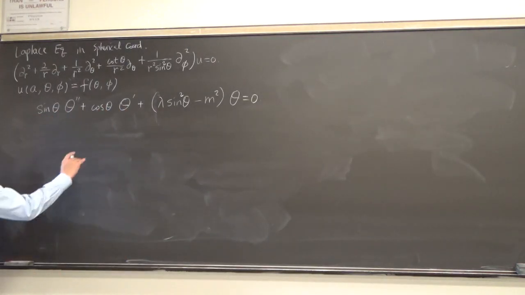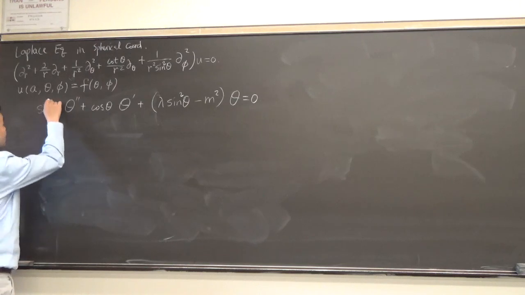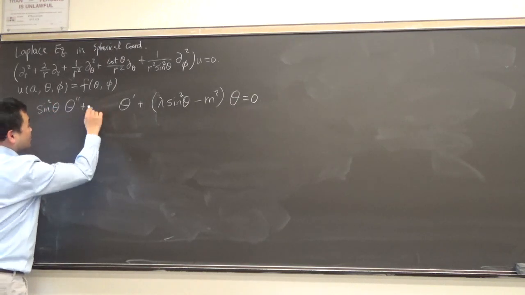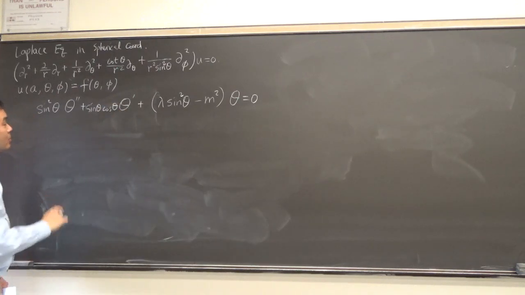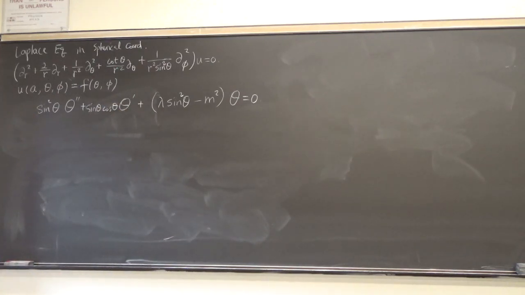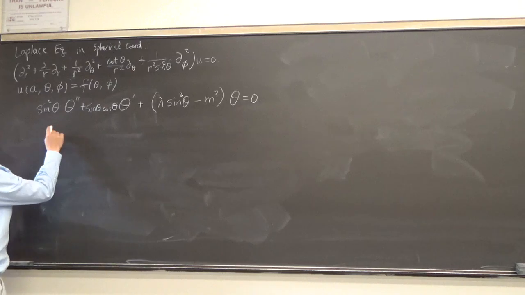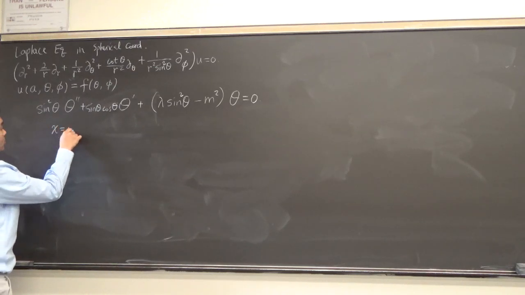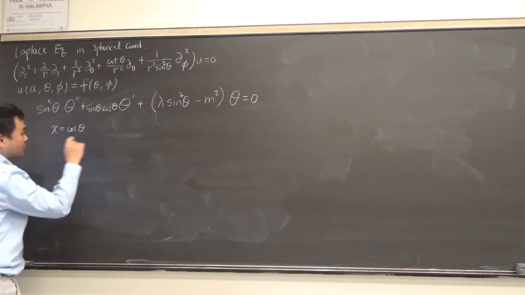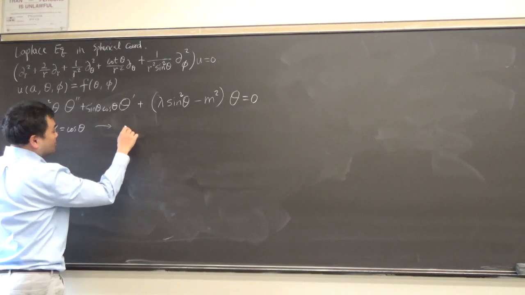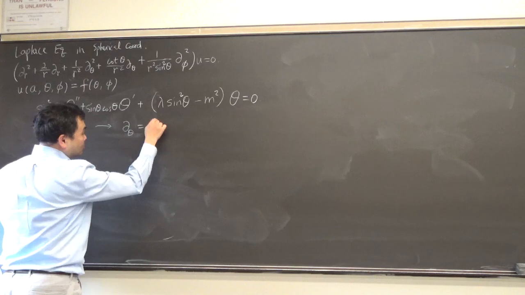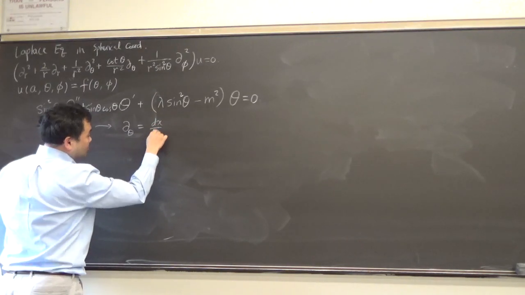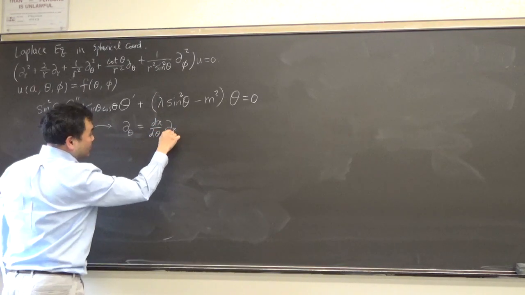So with this, we did a change of, this should be squared, this should be sine theta, cosine theta. With this equation, if I do x equals cosine theta, change a variable, then differentiating by theta is the same thing as dx d theta of differentiation by x.